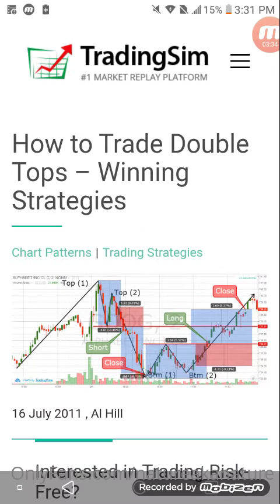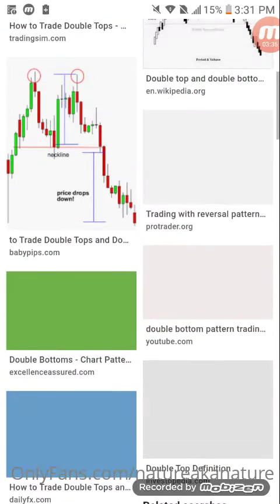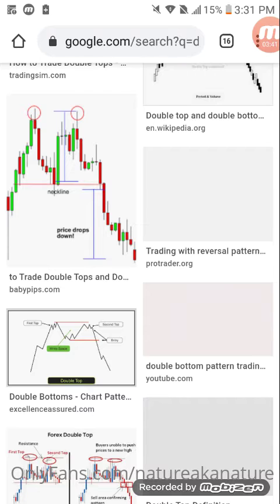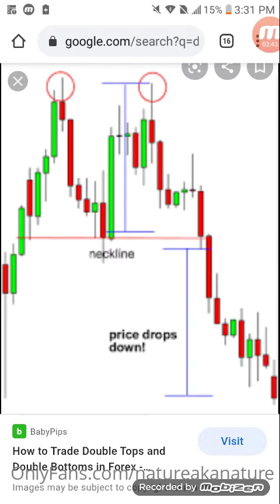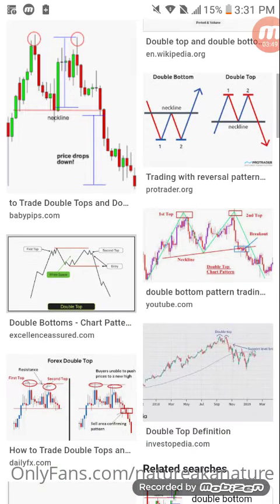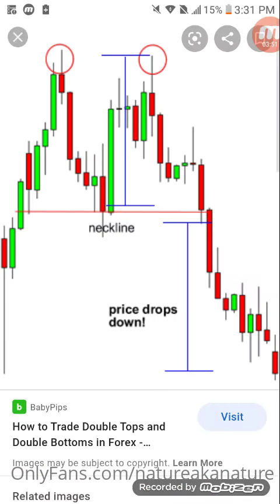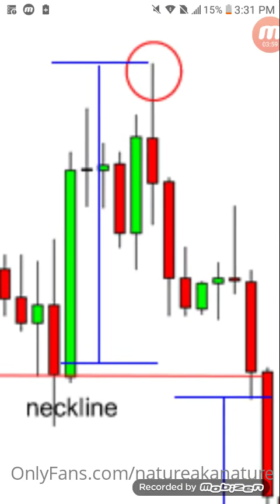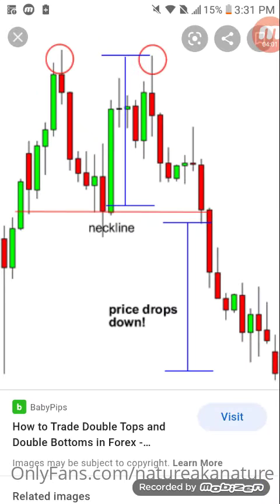As you can see, for this double top pattern to be valid, the second candlestick is slightly lower than the first candlestick. As you can see, the first one is slightly higher.